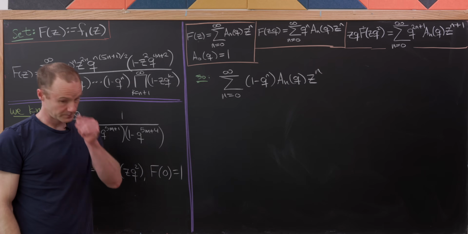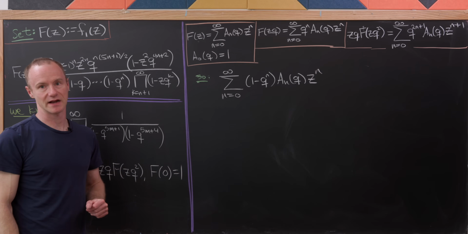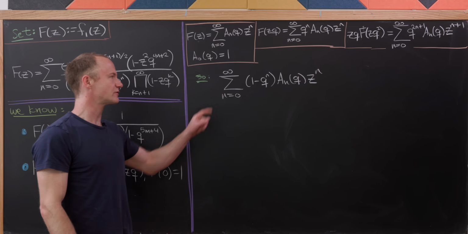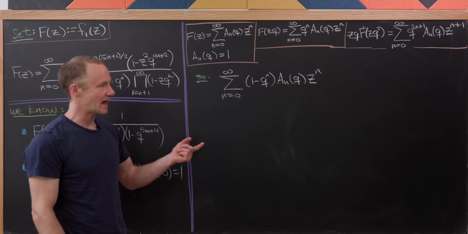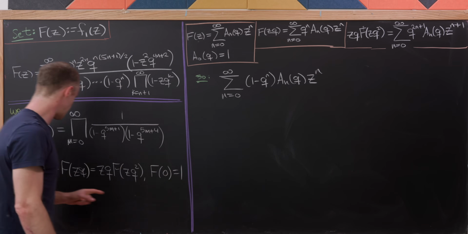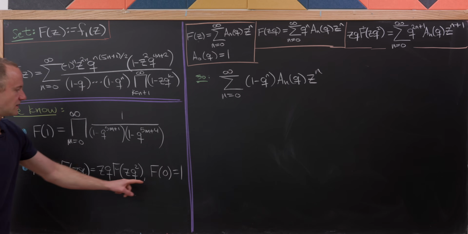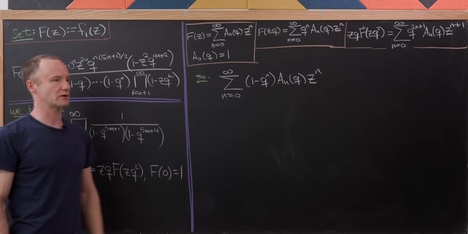Good. Before we write down the right-hand side, I'd like to notice that the 0th term here is equal to 0. Why is that? If we look over here, the 0th term is F of 0 minus F of 0, just by taking this difference, which is 1 minus 1, which is 0.